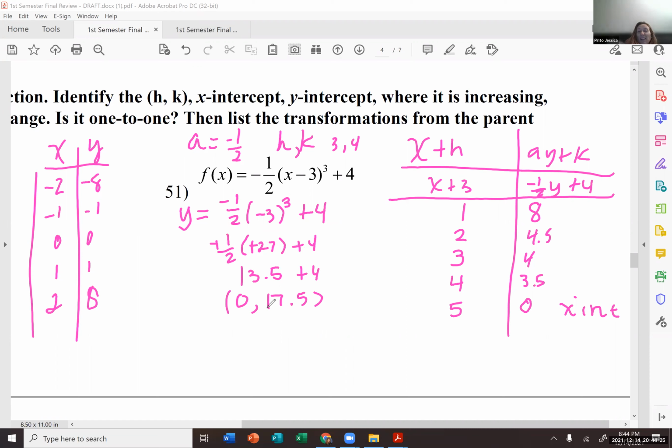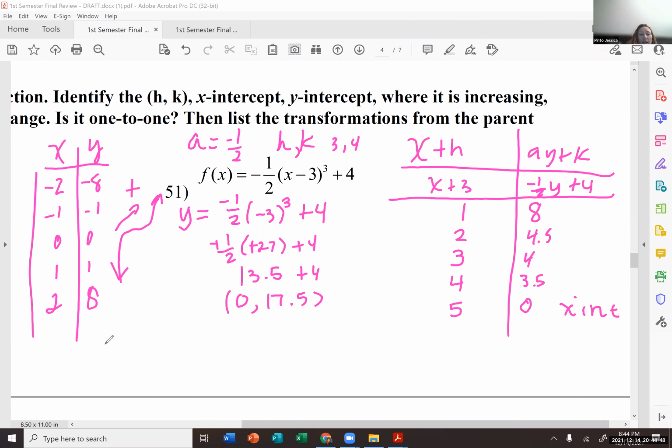And then for increasing and decreasing, I can tell based on the a value that this function is only going to decrease because these functions, the snake shape, only go in one direction. This is what it looks like when it's positive, going up. So with a negative a value, we want to talk about the transformations.